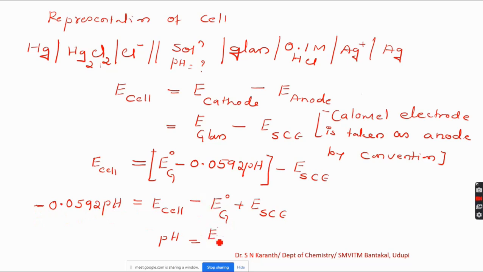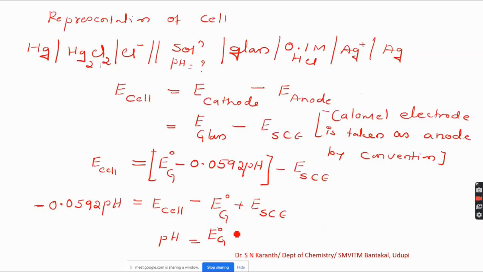So first I write E naught G minus E standard calomel electrode minus E cell, divided by 0.0592. In this way we can derive it.